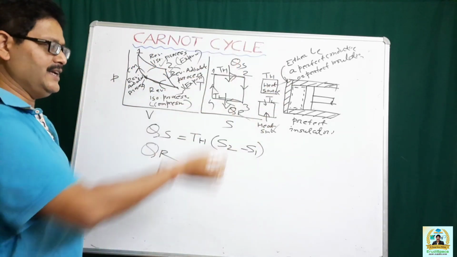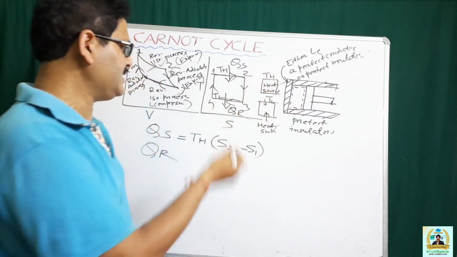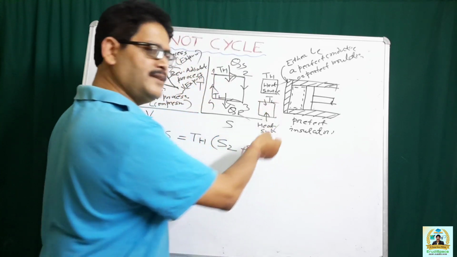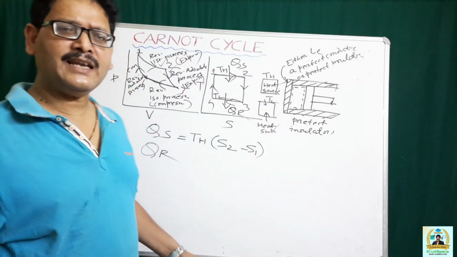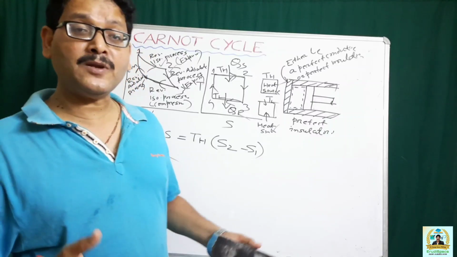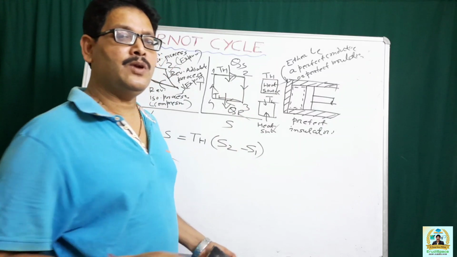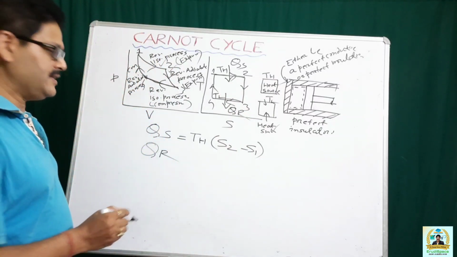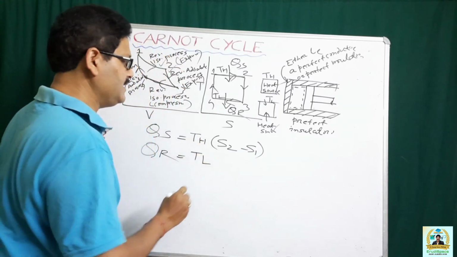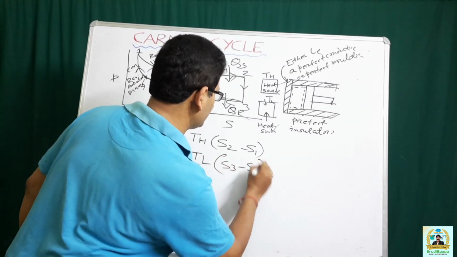Already I have explained that this is the temperature that is maintained in the heat source, and this is the temperature that is maintained in the sink, and these are actually reservoirs of infinite heat capacity, so that transfer of heat from this or transfer of heat to this will not affect their temperatures. So Qr is TL multiplied by S3 minus S4.